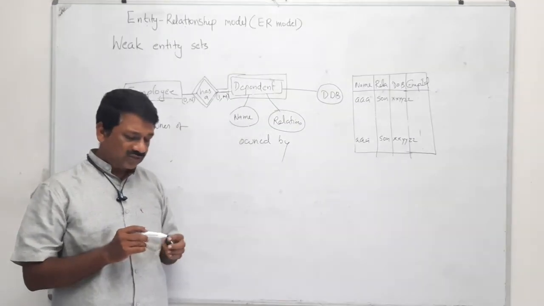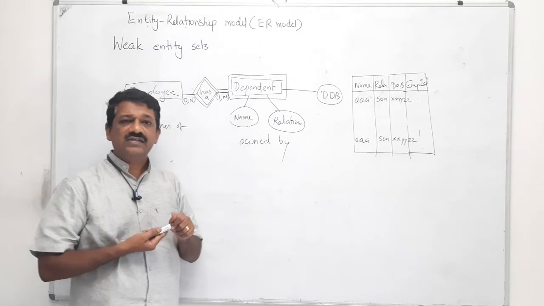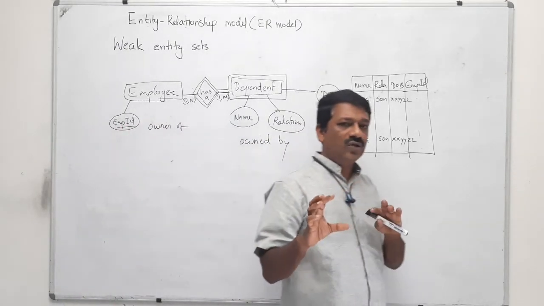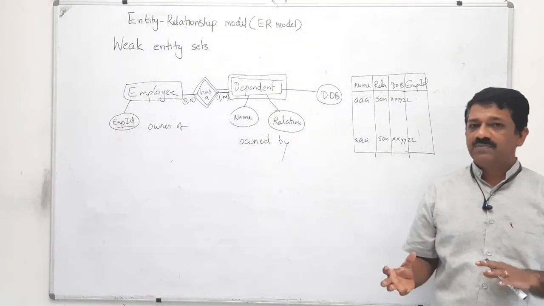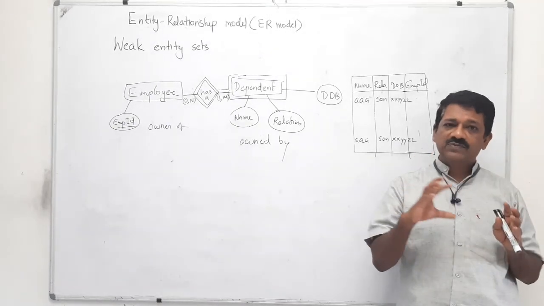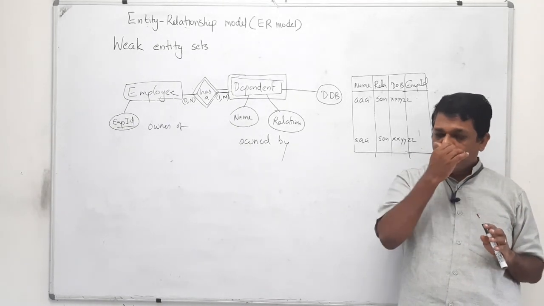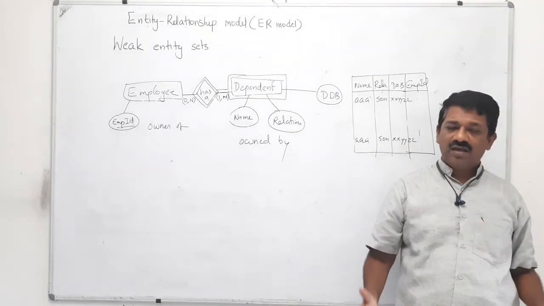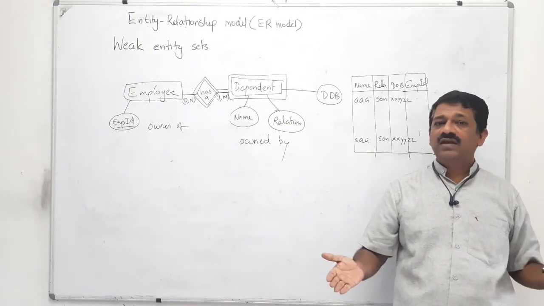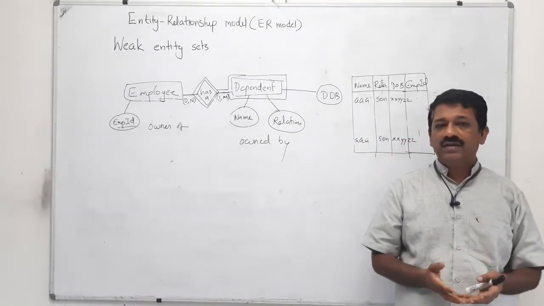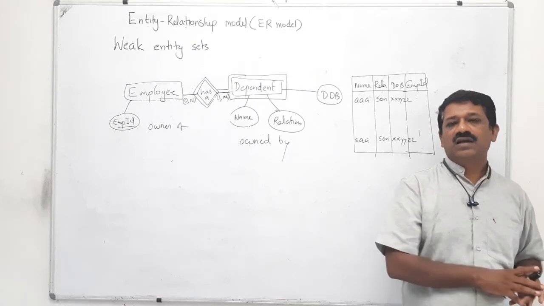Okay, so that's all about weak entity sets and participation, total as well as partial participation. Total participation in the sense every tuple in that entity set should participate in this relationship.